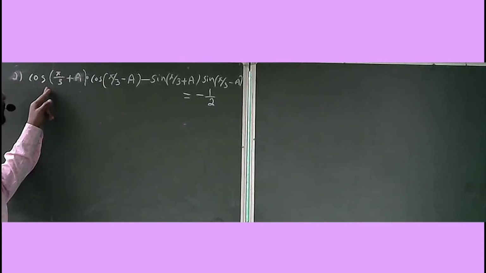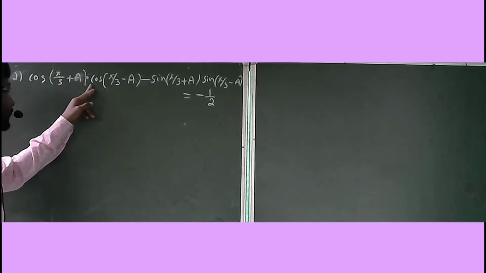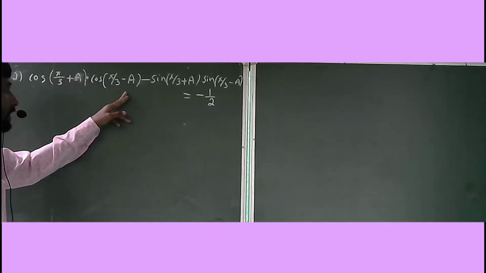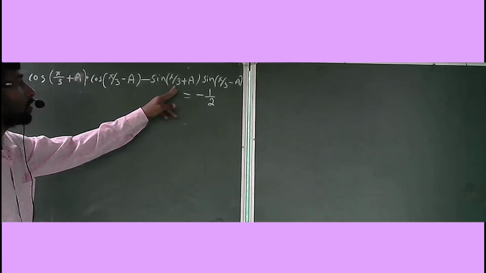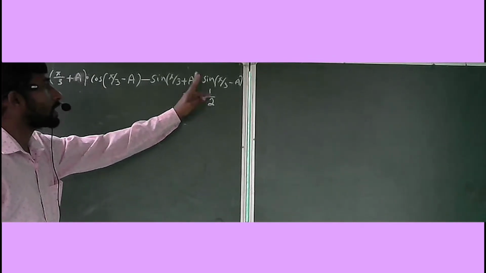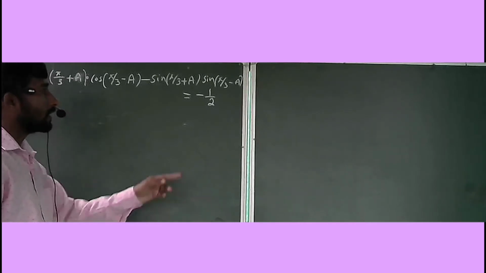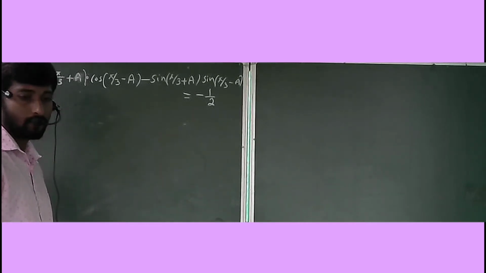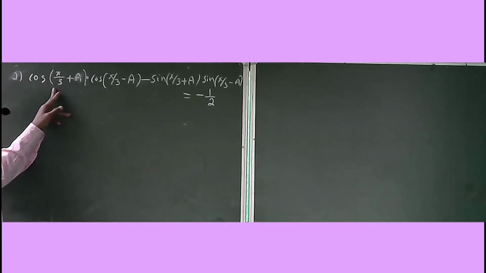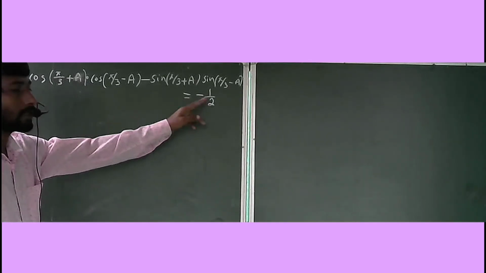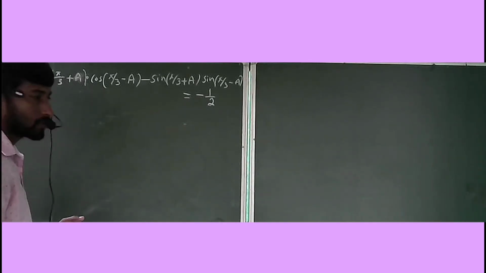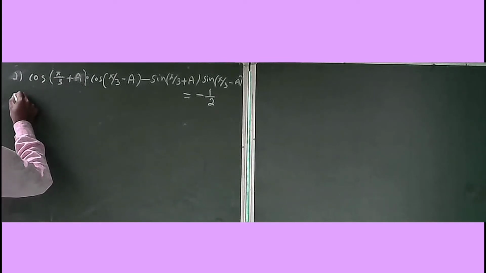Show that cos of pi by 3 plus a into cos of pi by 3 minus a, minus sin of pi by 3 plus a into sin of pi by 3 minus a, is equal to minus 1 by 2. You need to show the LHS value is equal to minus 1 by 2. Solve this question. First consider the LHS.